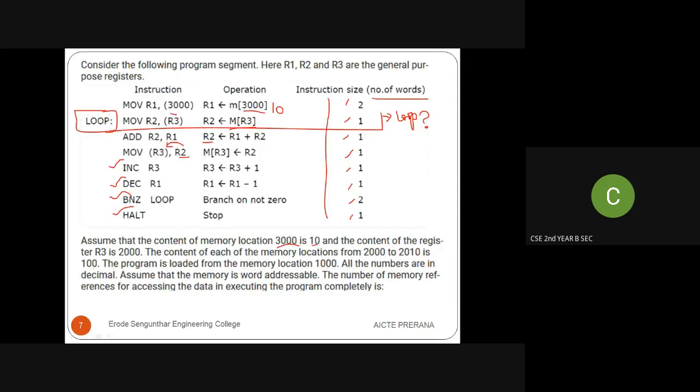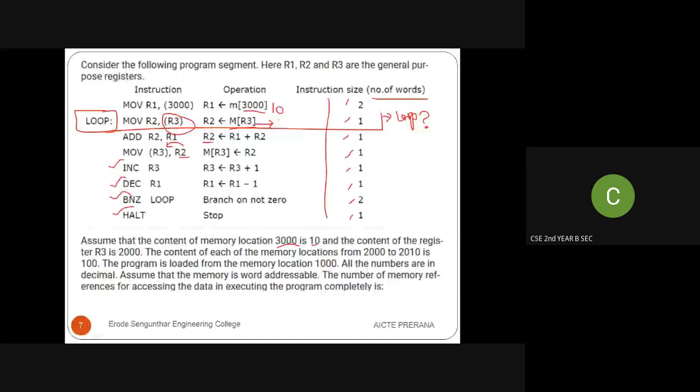And the content of register R3 is 2000. The content of register R3 here they have given, right? So this is 2000. Okay, so content is 2000. The content of each of the memory locations from 2000 to 2010 is 100. Okay, so 2000 to 2010 is 100.